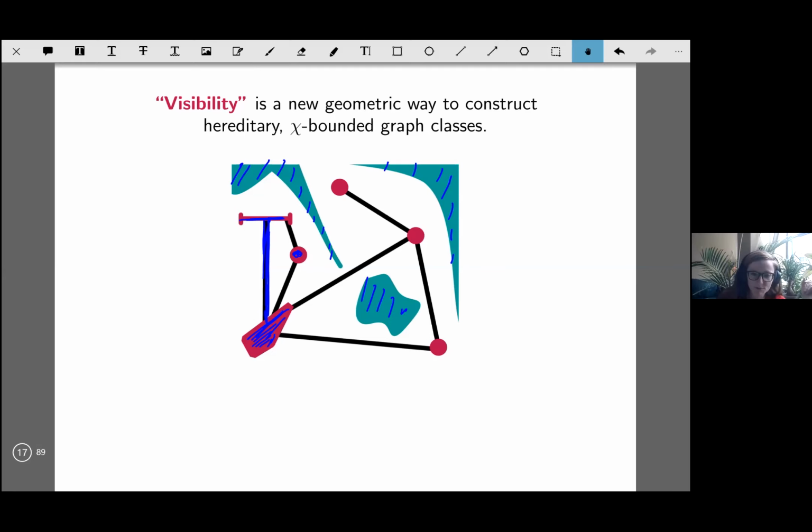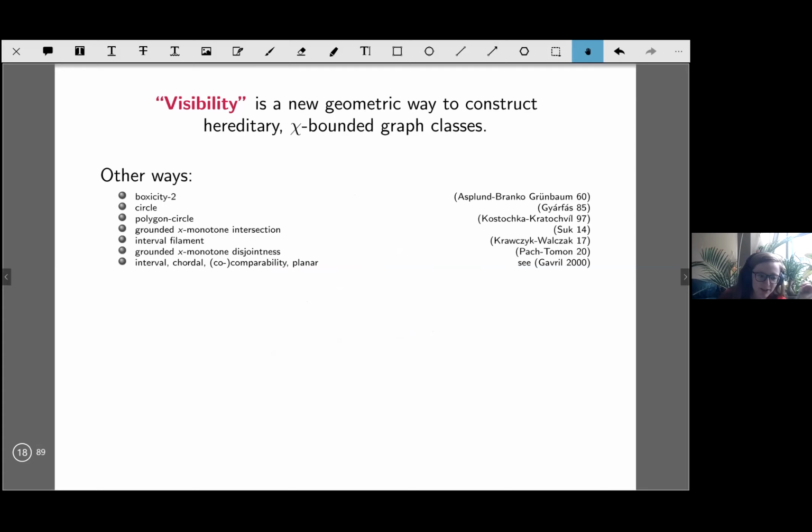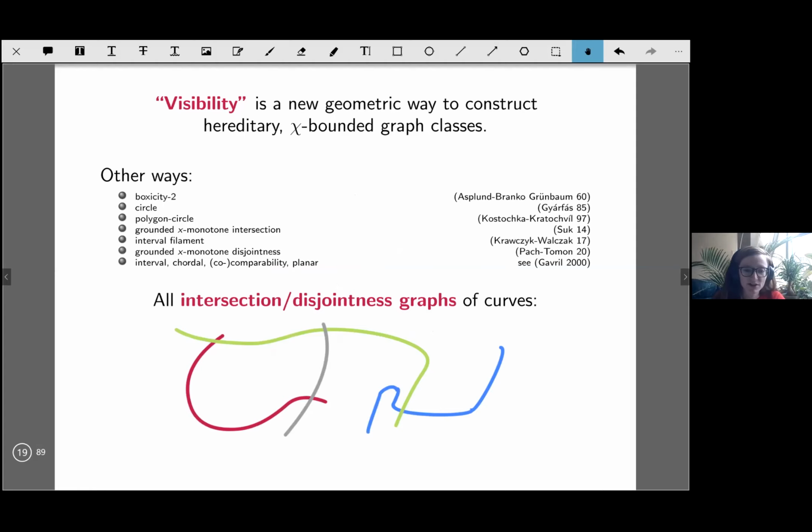The reason this is particularly interesting is that there are lots of other geometric ways of defining chi-bounded graph classes. I've just listed a subset; there are certainly many more than this. But all of these examples that I have listed, and all that I know of for geometric chi-bounded classes, arise from intersection and disjointness graphs of curves in the plane.